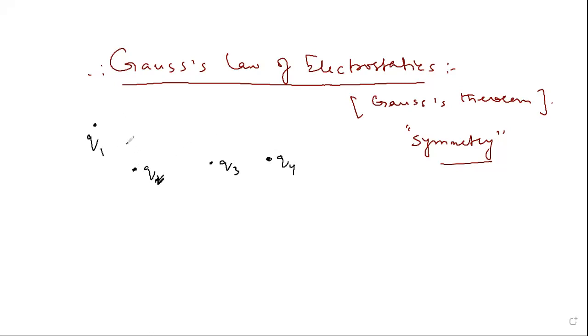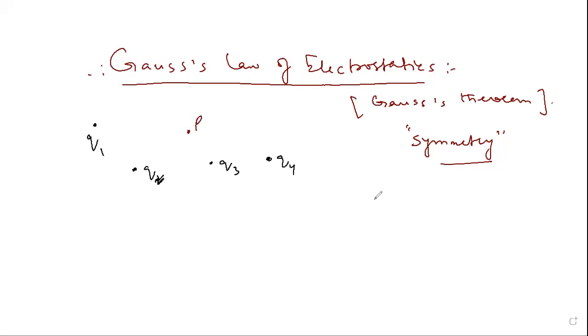Some of these charges can be positive, some may be negative, right? Or all may be positive, all may be negative. There is no restriction on that, right? Now, if I select some point surrounding these charges, for example, this point P.